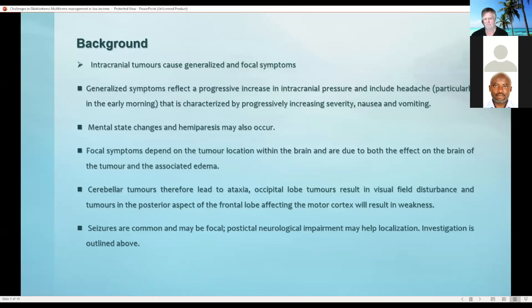We can have seizures in these tumors, which are common and may be focal. Postictal neurological impairment may also help with localization of these tumors, as well as investigations. Next.